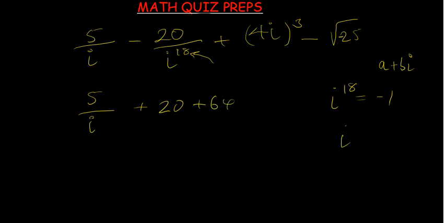We know i squared is negative 1. If you multiply this with i, that will give you i to the third power, negative i. So that will be 64 times negative i.